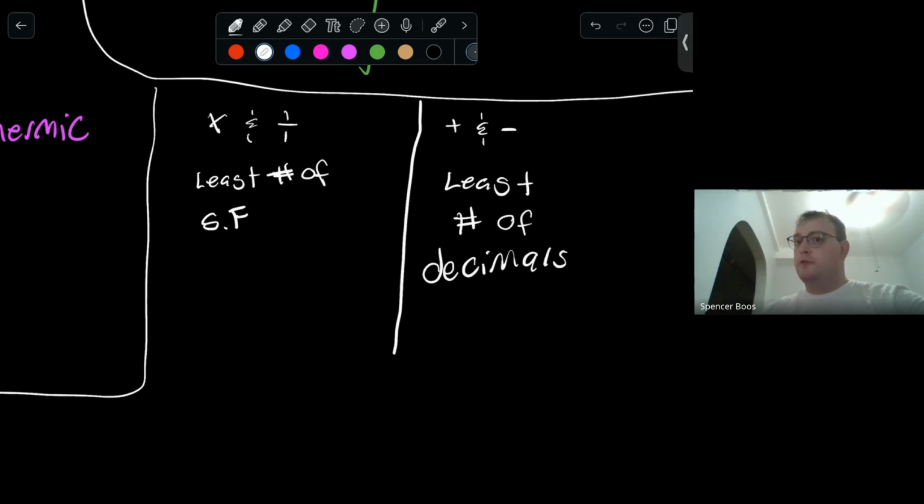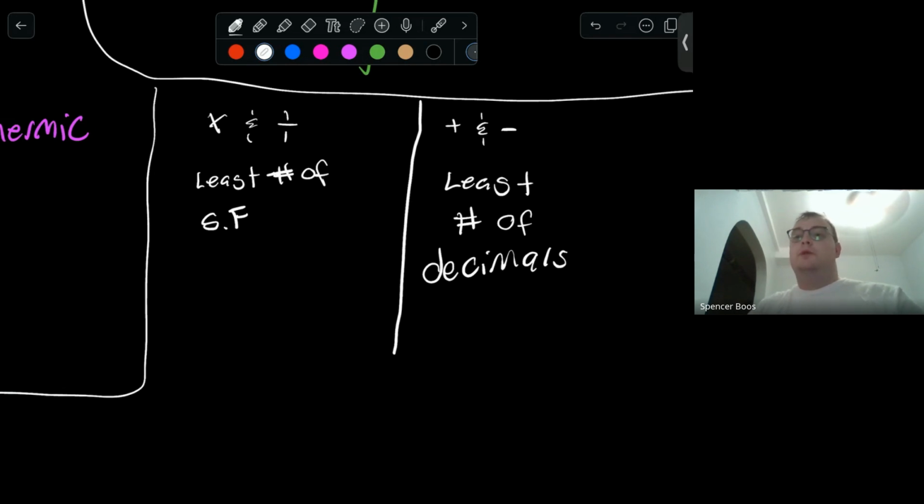Try to find that first and round to appropriate sig figs at that step. Then we can use our Q equals MC delta T to figure out the rest of the equation. Then you use the sig figs from the equation and the sig figs you got from your subtraction.